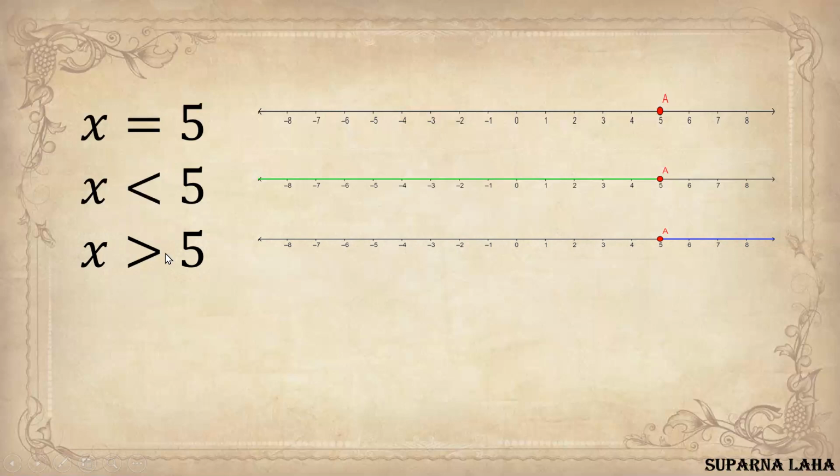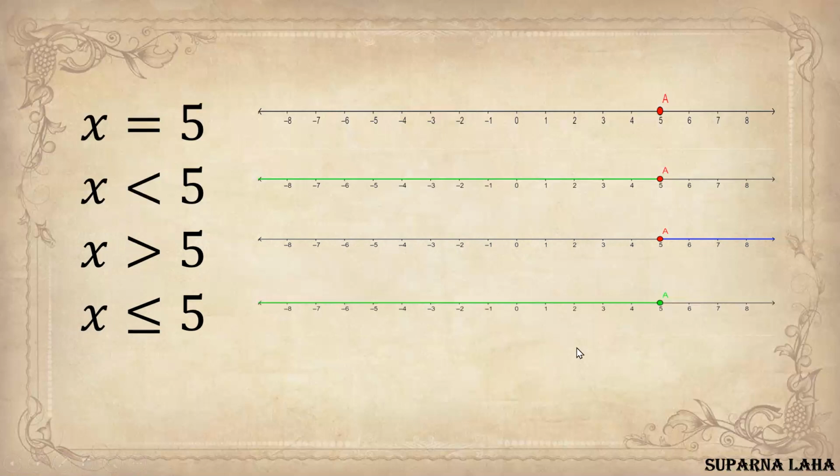Now if we talk about x less than or equal to 5, it means maybe x is equal to 5 or all the real numbers x which are less than 5. If we represent this on a number line, it will look like that. Including this point 5, all the elements smaller than 5 are the solution of x less than or equal to 5.